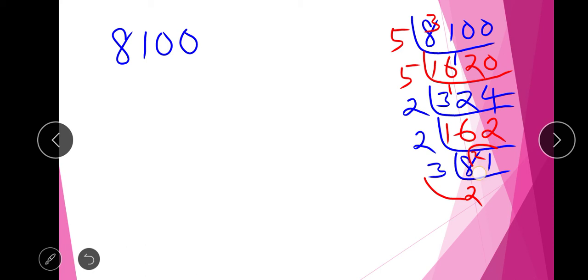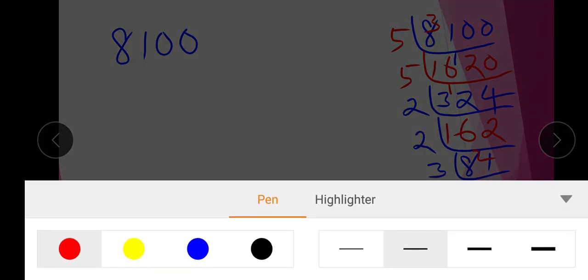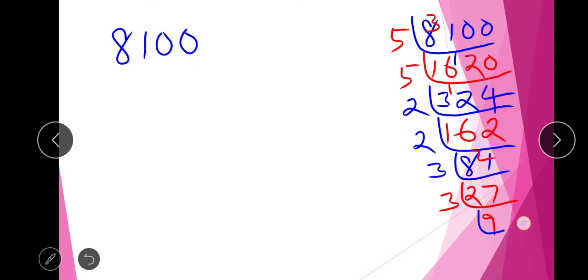So now assume 2 1, 21. In 21, how many times 3? 7 times. Now in 27, how many times 3? 9 times. So again 9 can be divisible by 3 only. 3 threes are 9. So this is a prime number.